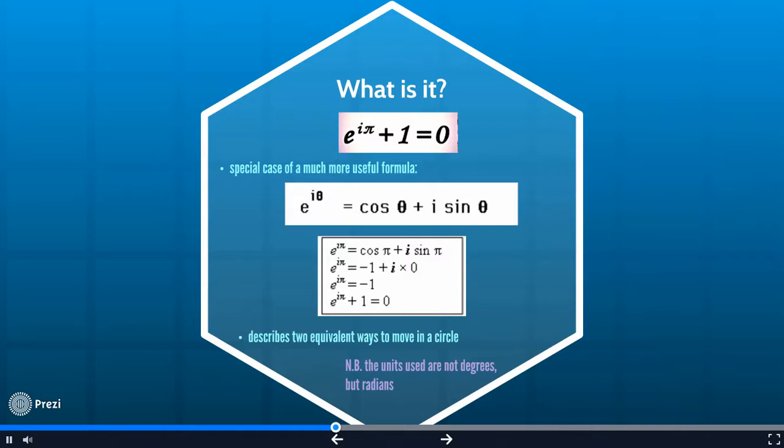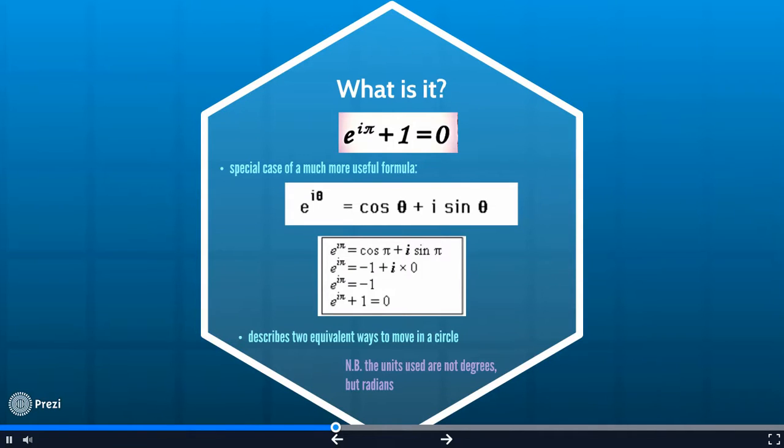And if we calculate this for theta equal to pi, we get e to the power of i pi is equal to the cosine of pi plus i times the sine of pi, which simplifies to equal -1 plus the imaginary unit times 0, because the cosine of pi is -1 and the sine of pi is 0. And this further simplifies to equal -1 and can be rearranged so that e to the power of i times pi plus 1 is equal to 0.